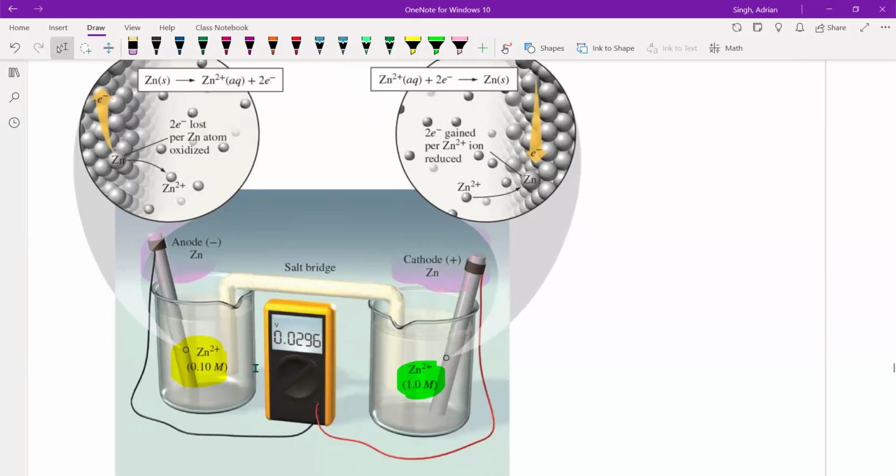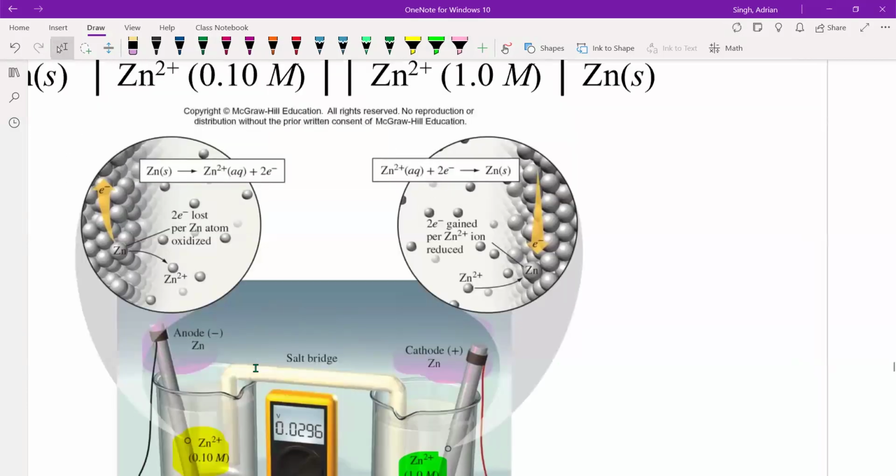So in one of these electrodes, we are going to have oxidation happening, where the zinc becomes zinc 2 plus. And then in the other half cell, we have the reduction occurring, where the zinc 2 plus becomes the zinc metal.